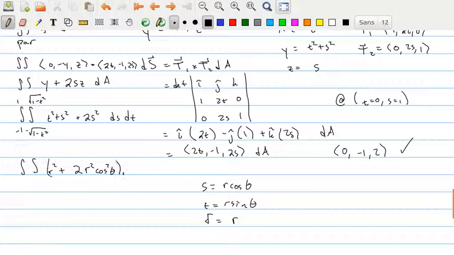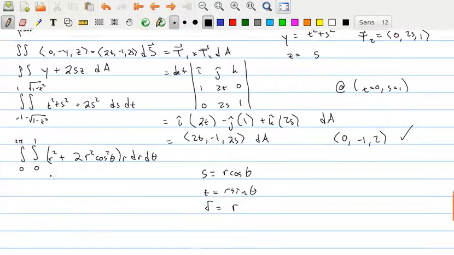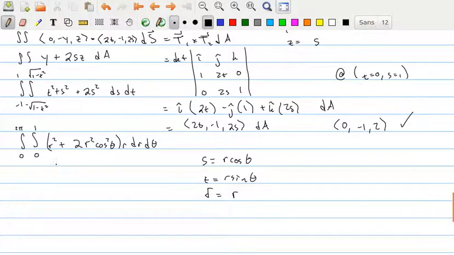Then we've got the Jacobian, r dr d theta. We're integrating over the disk, so our limits of integration as far as theta goes, we've got the full range of angles from 0 to 2 pi. And then for r, we've got a full disk worth of values from the center of the disk out to the outer radius. So that's going to be the setup of the integral along the parabola.